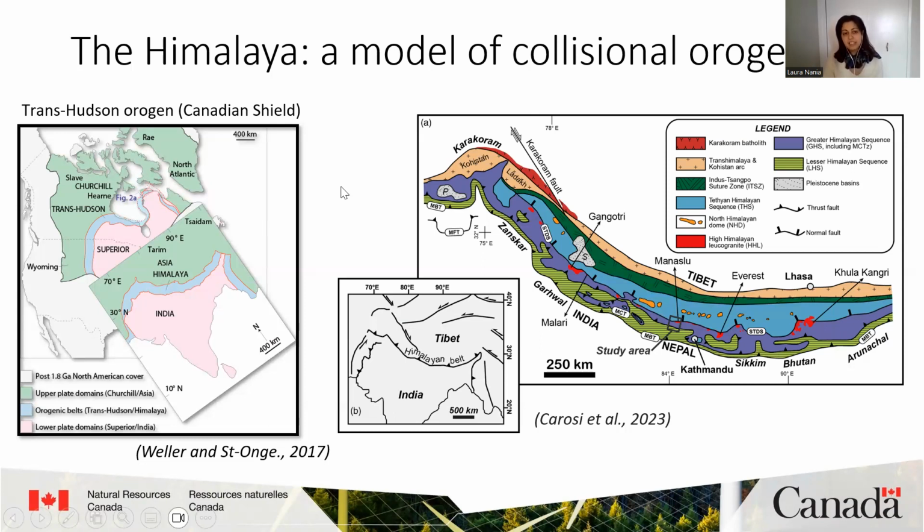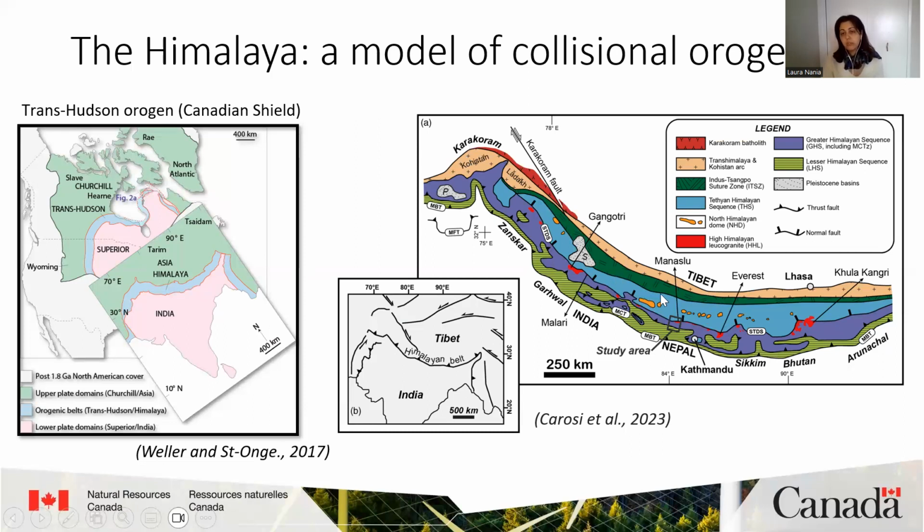It is typical to use the Himalayan belt as an example of a collisional orogen, for several reasons. First of all, it has a lateral continuity of the main structures and units along the belt. You can see here different colors for the main tectonic units and the major tectonic boundaries.